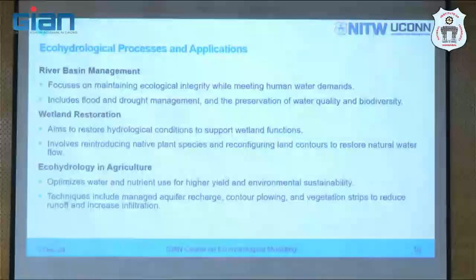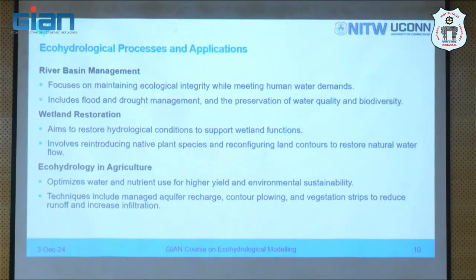In the US, there is a law that if your agricultural field is next to a stream, you must leave a certain width of land as a vegetated filter strip. You cannot plow all the way to the edge of the stream, and you cannot apply fertilizer all the way to the edge of the stream.